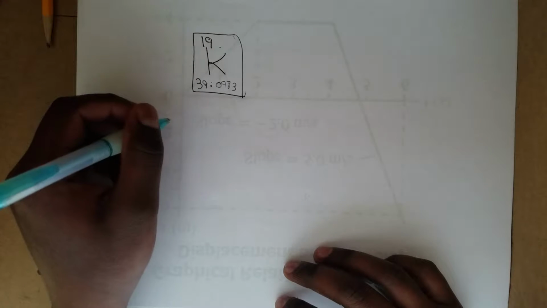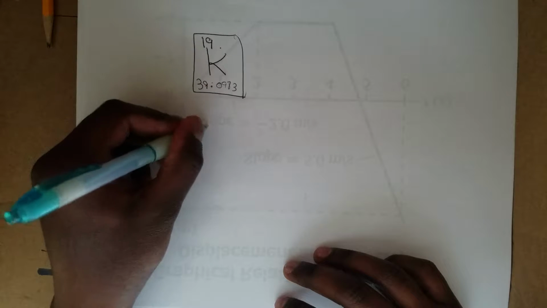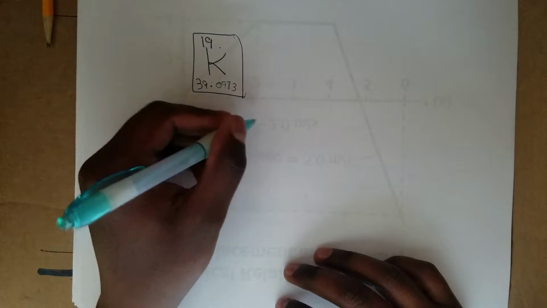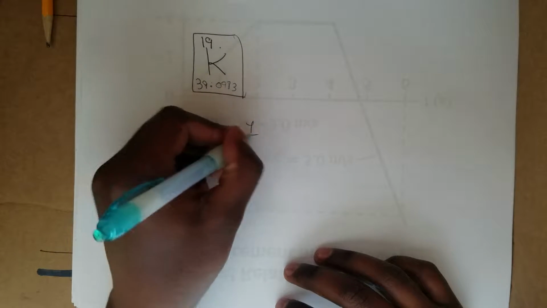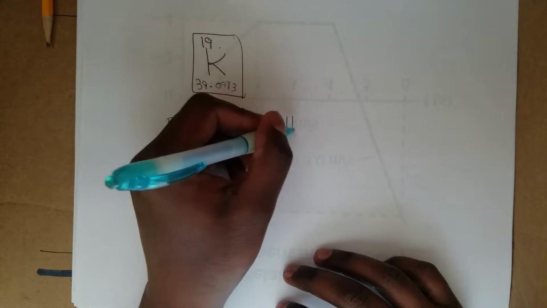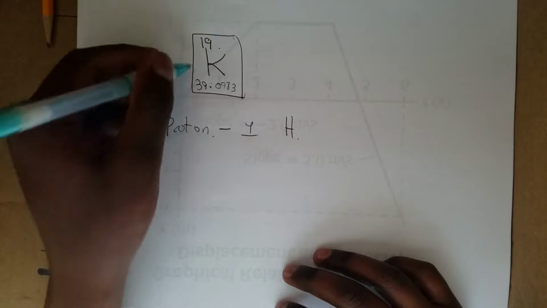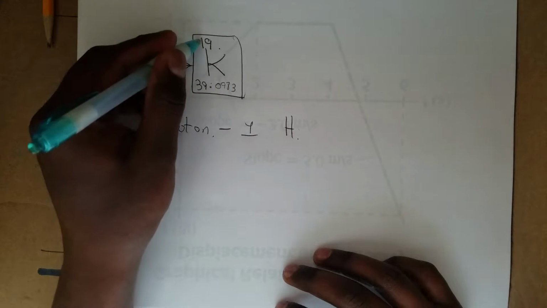An atom is defined by the amount of protons it has. If an atom has one proton, it's a hydrogen atom. If it's a potassium atom, it has 19 protons.